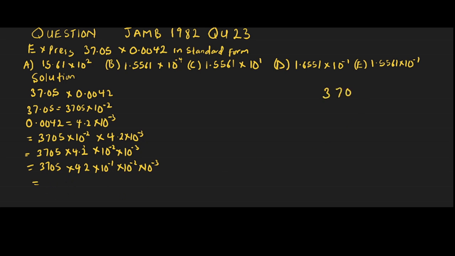That is, 3705 times 42. 2 times 5, 10, 1, 2 times 0, 0, 2 times 7, 14 we have 1, 2 times 3, 6 plus 1, 7, then 4 times 5, 20, 4 times 0, 0 plus the 2 remaining, 4 times 7, 28, 4 times 3, 12, then we have 14, and 8 plus 7 gives us 15, 5, 1.